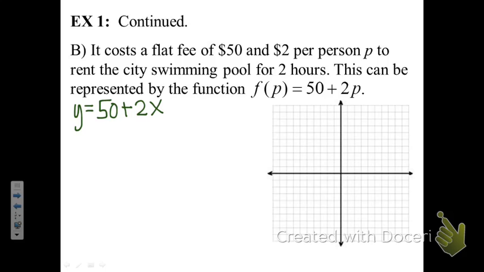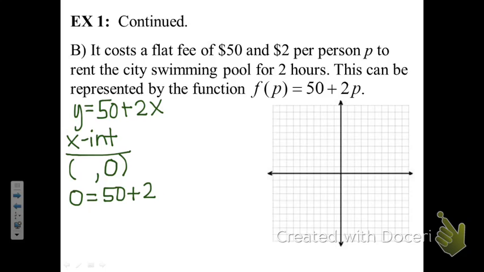So on the last one, we want to do the same thing where we look for the x-intercept and the y-intercept. I'll start with the x-intercept. The x-intercept is when your y value is 0. So we're going to take this value, plug it into the equation wherever y is, and then solve this. So I put 0 in place of the y: 0 equals 50 plus 2x.